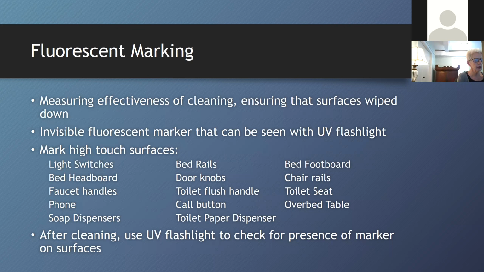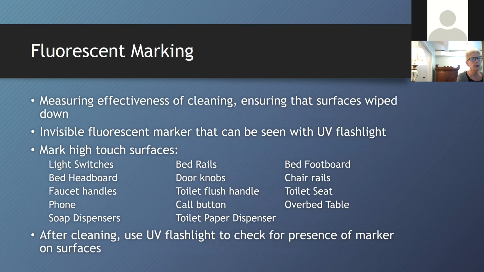So that's a very efficient way to do that. As Judy mentioned this morning, some people are using ATP to do that, but that monitoring tool really only measures organic load and not microbial load.